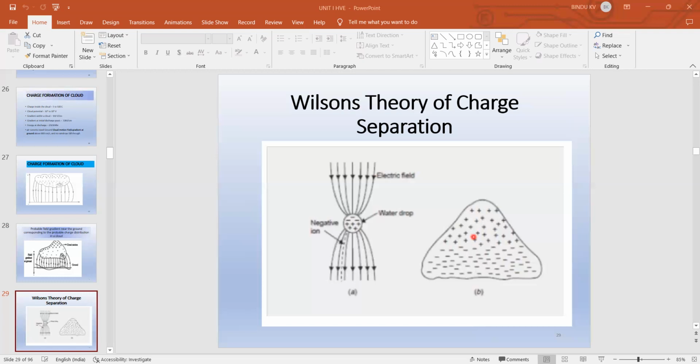The intensity of the field will be around 1 volt per centimeter.